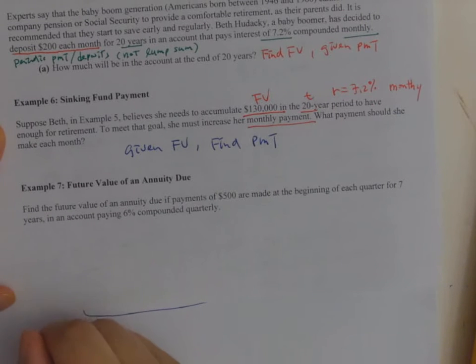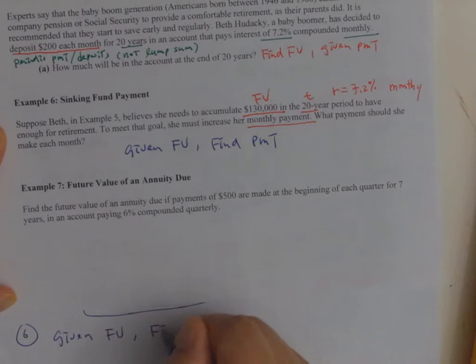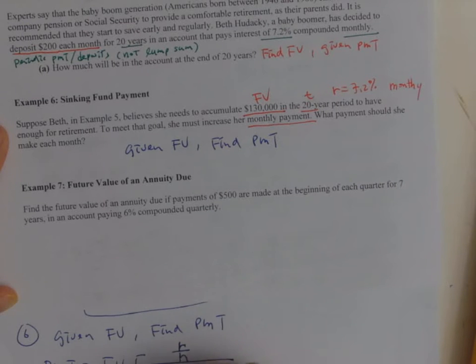So this is number 6, given future value, find payment. The formula says payment equals future value times R over N, over (1 plus R over N) to the N times T, minus 1.